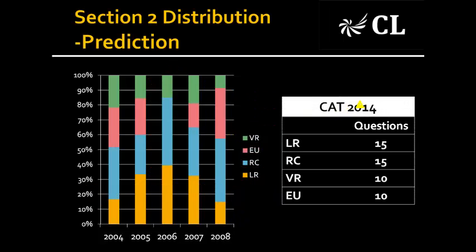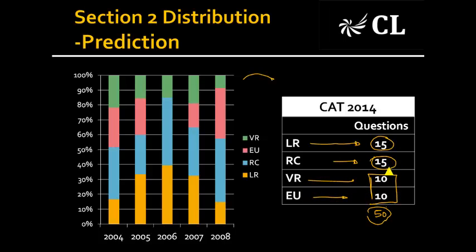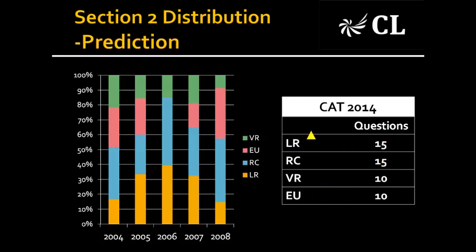Now this is likely what you can expect based on the distribution: of the total 50 questions, logical reasoning about 15, reading comprehension 15, and verbal reasoning and English usage almost equally distributed to take care of the remaining 20. One thing is, in all likelihood it's going to be 4 sets. It may not be 5 sets.